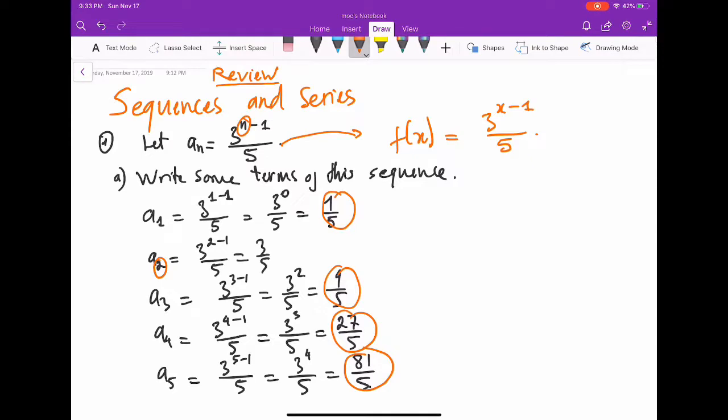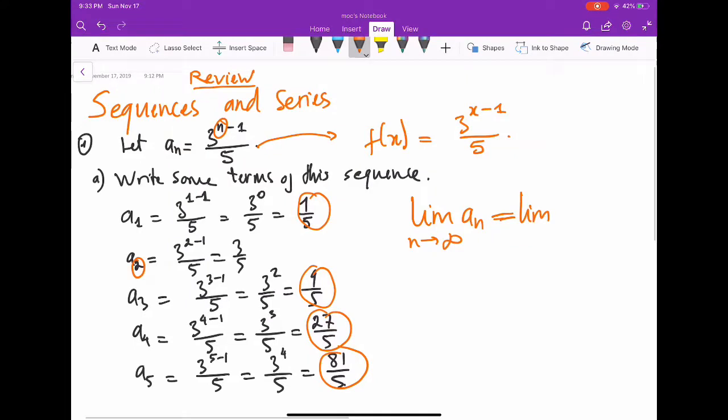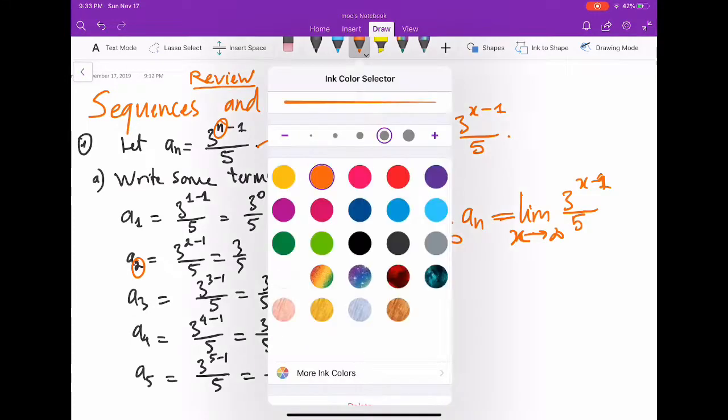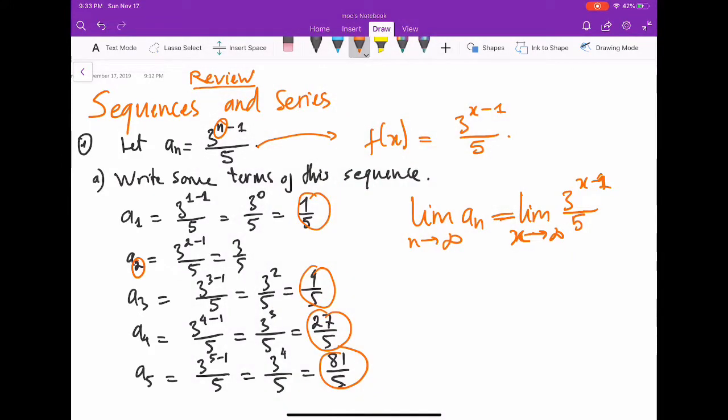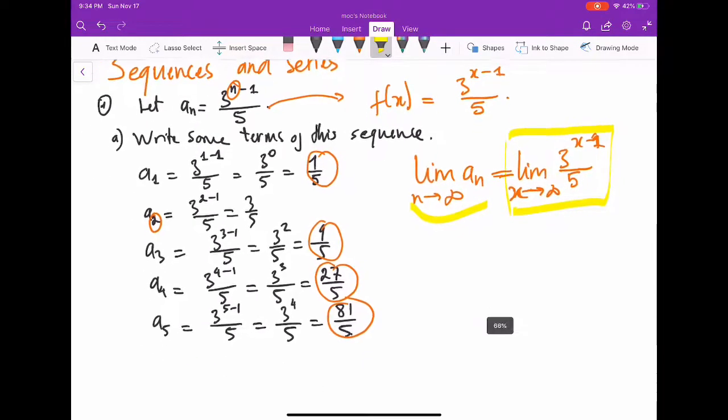The limit of this sequence when n approaches infinity is nothing but the limit of the function 3^(x-1) over 5 when x approaches infinity. So basically we need to find the horizontal asymptote of that function. If this limit exists, that is the limit of our sequence.